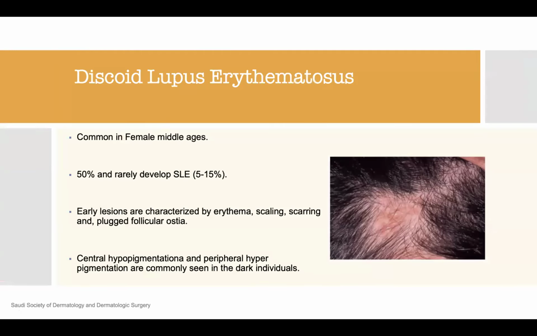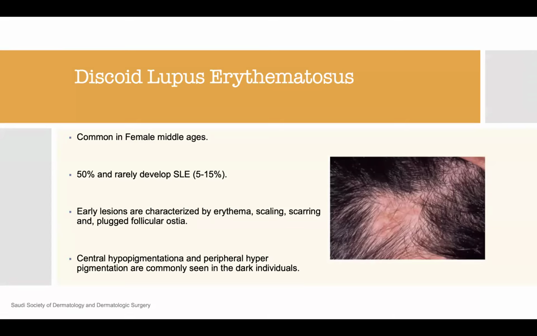Okay, let's move to the other topic. Also considered lymphocytic is discoid lupus erythematosus. Discoid lupus erythematosus is one of the entities of chronic cutaneous lupus erythematosus, which is common in middle-aged females. It represents 50% of the chronic cutaneous lupus group, but rarely develops into systemic lupus.